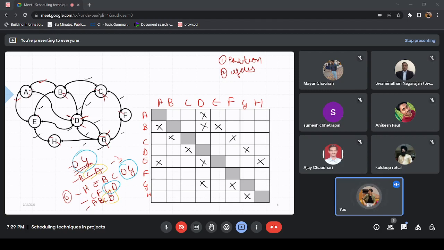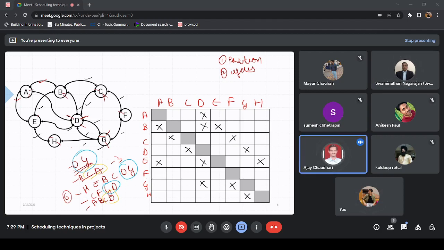So has anybody partitioned it? Can anybody give me the order? You will see that it is not that simple, determining the order. Yes, it's not simple because the only thing is F has an empty row. So that's the only thing we can start with. Other than that, there are no empty rows or columns coming.